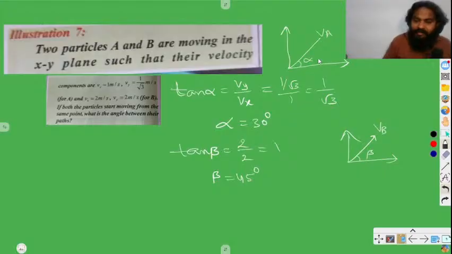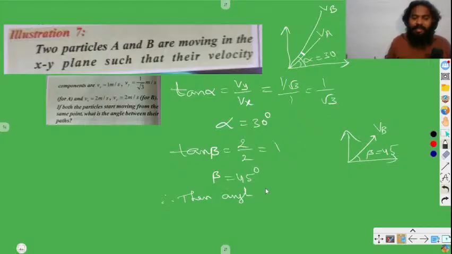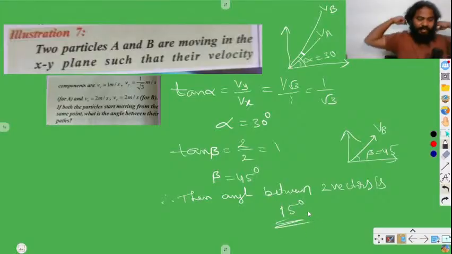Here alpha is 30 degrees and beta is 45 degrees, and this is Vb. Now what about the small angle? 45 minus 30 is 15. Therefore the angle between the two vectors is 15 degrees.